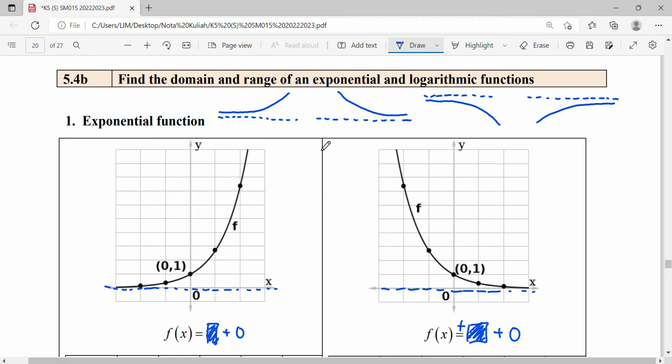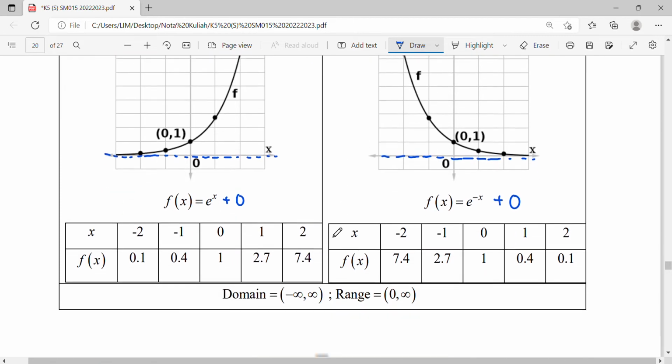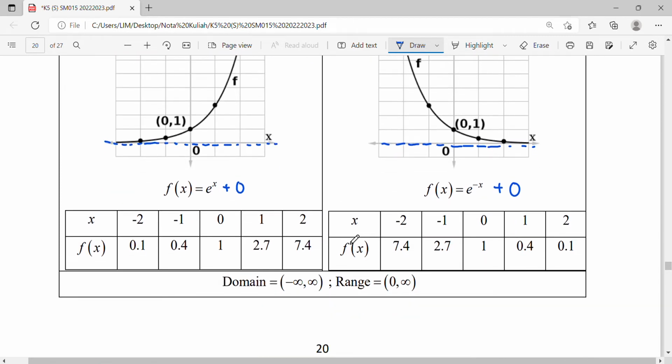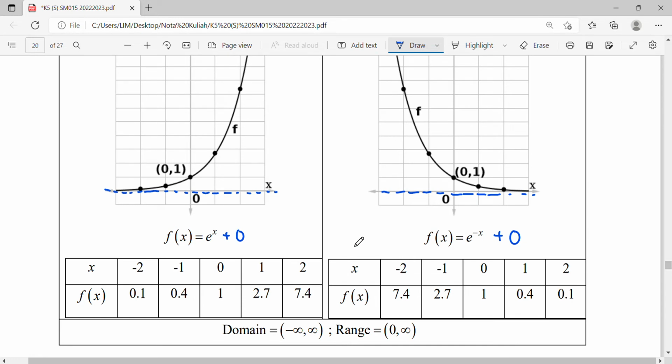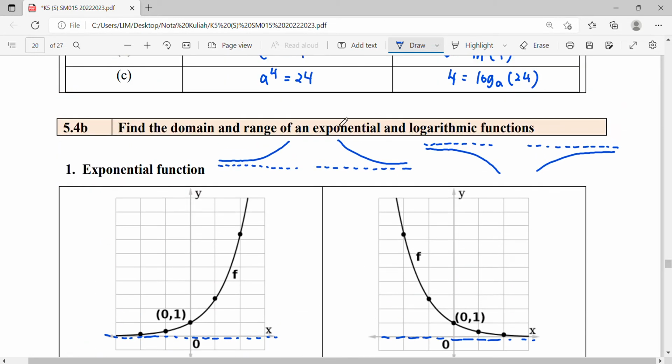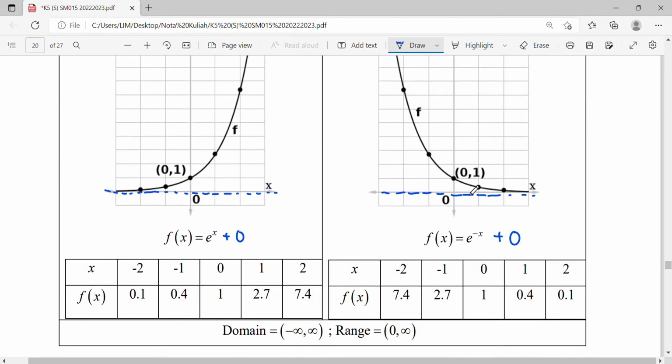Whether it shoots to the right or shoots to the left depends on our power. If the power is positive, it will be shooting to the right. When your power has a negative x, it will be shooting to the left. And then whether it's going up or going down depends on your range.